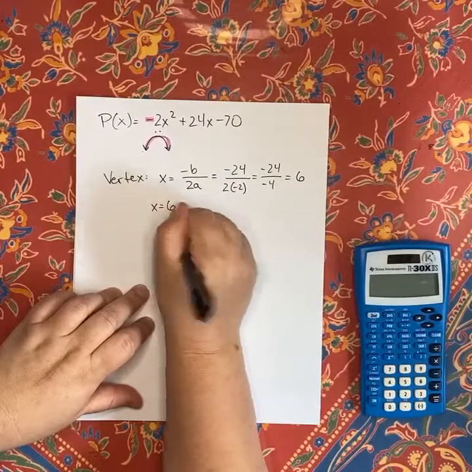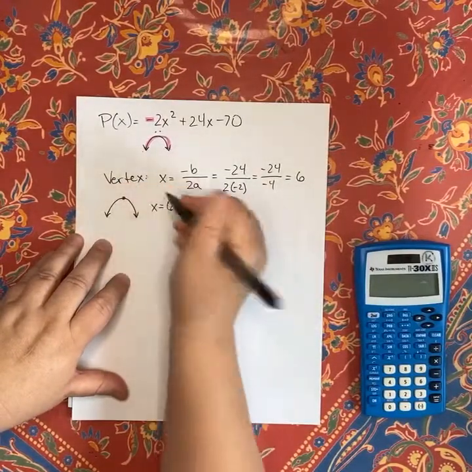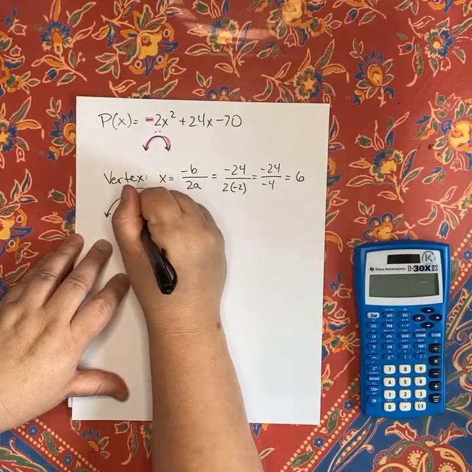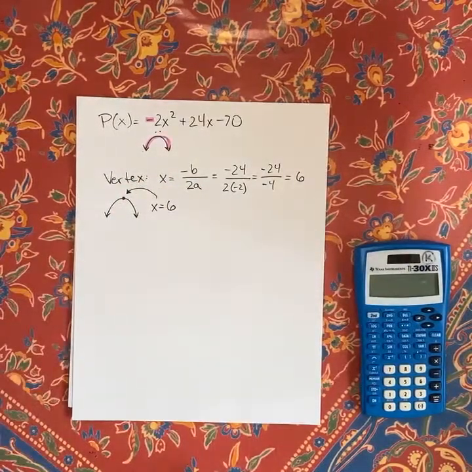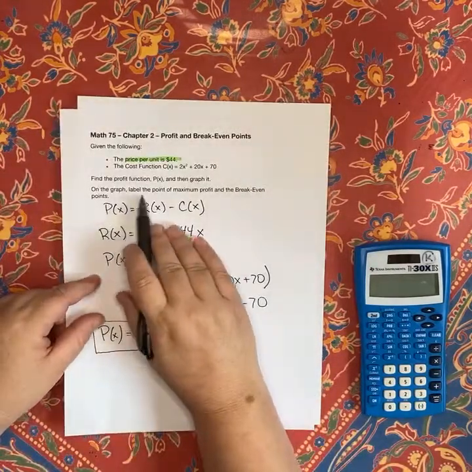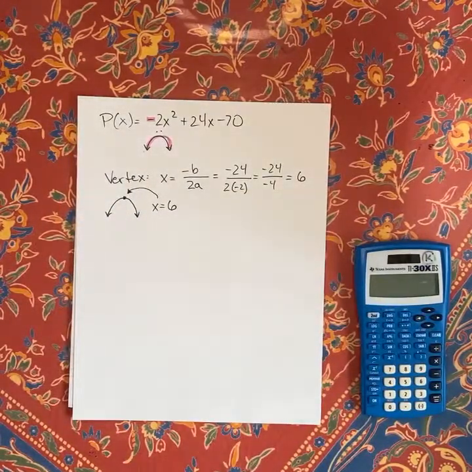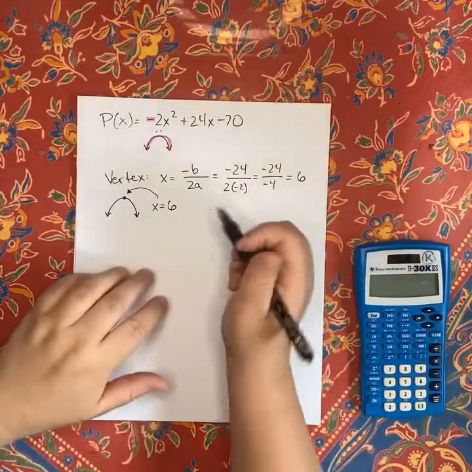So when x equals 6, we're at the very top point of the parabola. So that's going to give me my point of maximum profit. This is half of that point. Now I need to find what the y coordinate is.